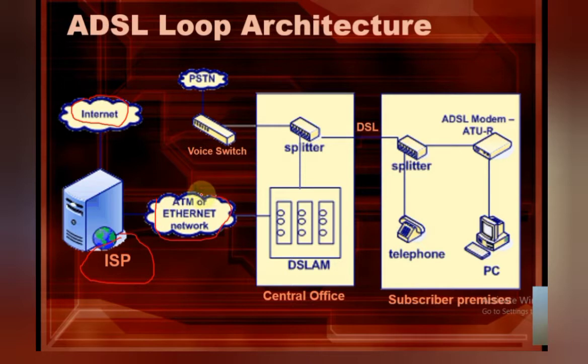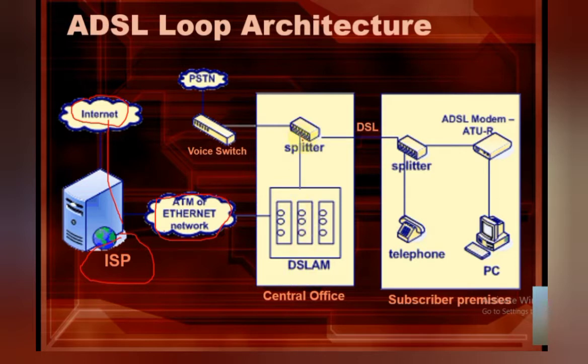We have to know that. These things are connected here, and then the ATM or Ethernet is coupled with the DSL access multiplier.